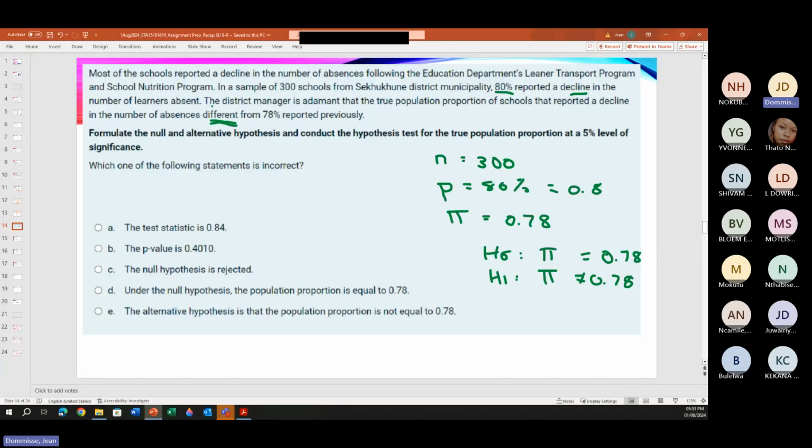So they just want to see that it is different. The district manager does not worry if it is more or less. They just want to say it is different.